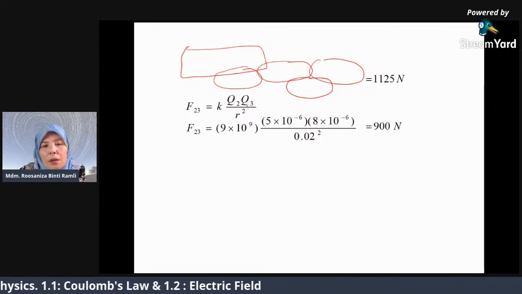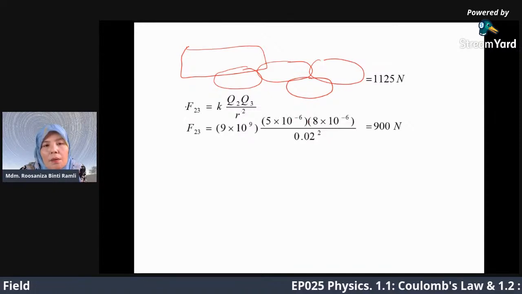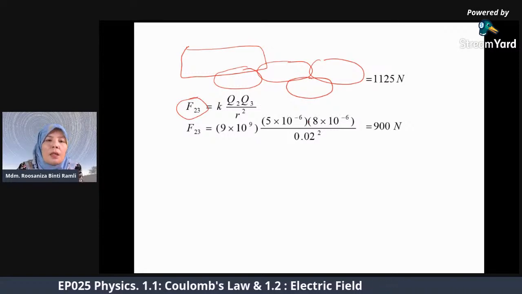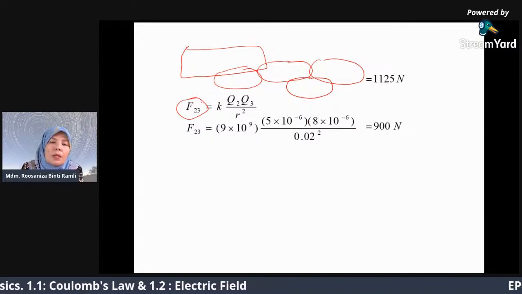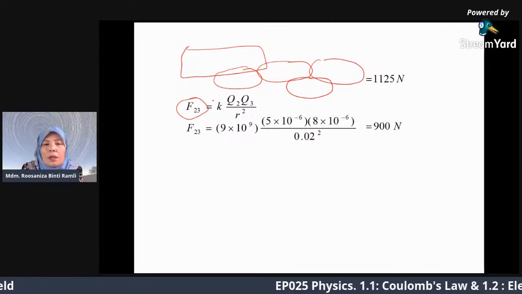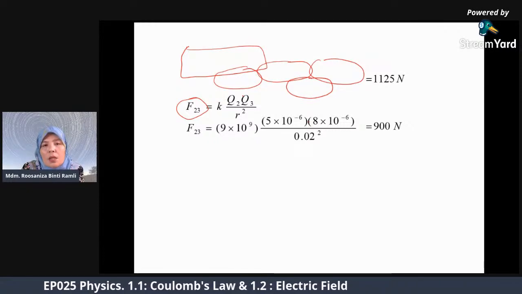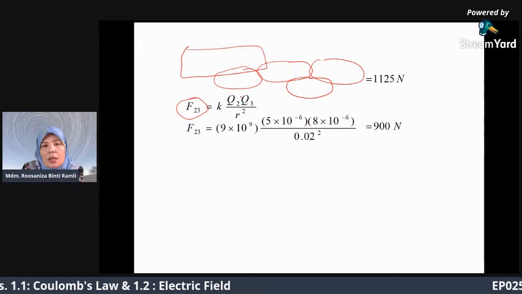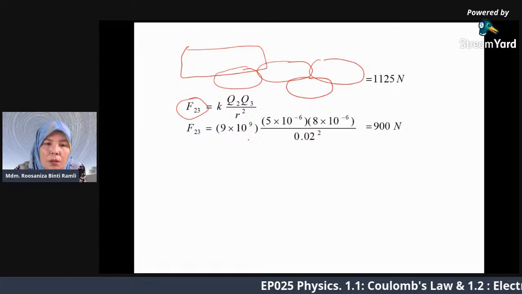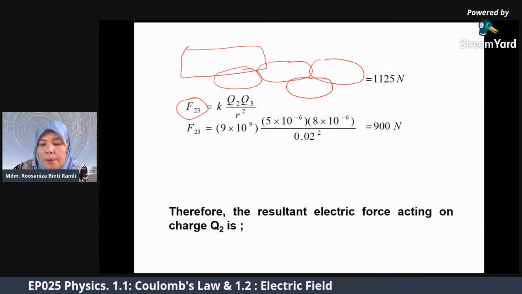Even though the value of Q3 is negative, you must use the positive value because force is a vector quantity. Vector quantity means it has magnitude and direction. So the sign of positive and negative shows the direction of the force, not the value of the force. So the sign of the charge is used to draw the direction of the force. So never put the negative sign into the equation.